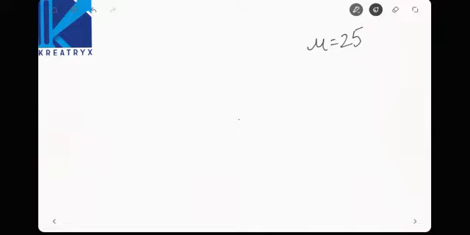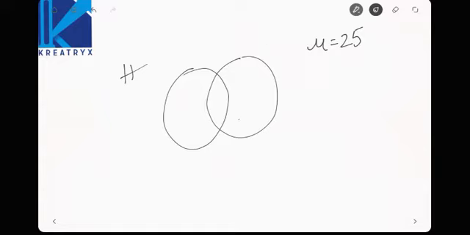So there are only 2 variables. See here, hockey, football. 15 of them play hockey. It's not only hockey, it's hockey. And 17 of them play football.